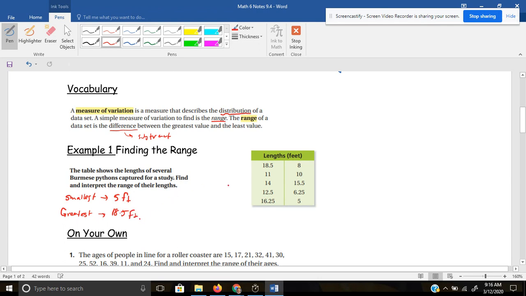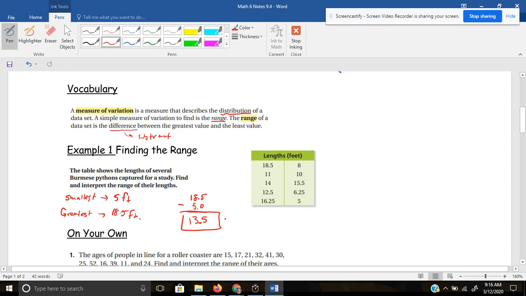Okay, 18 and a half feet. So to find the range of this, I'd have to take 18.5 and subtract 5. All right, bring my decimal straight down, and 18 minus 5 would be 13. So my range would be 13.5, 13 and a half.